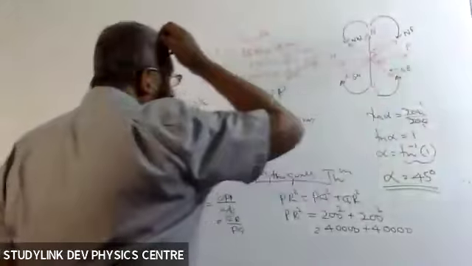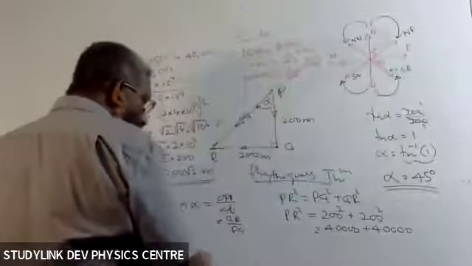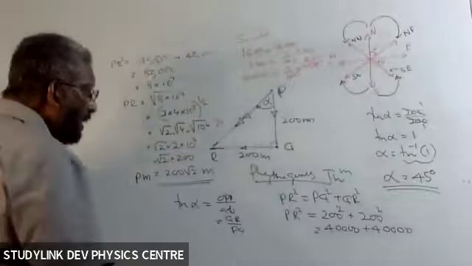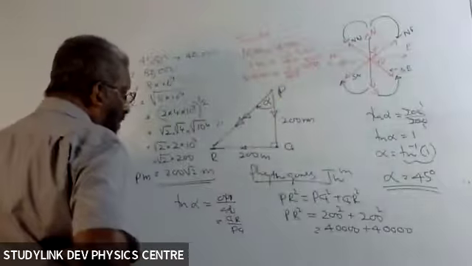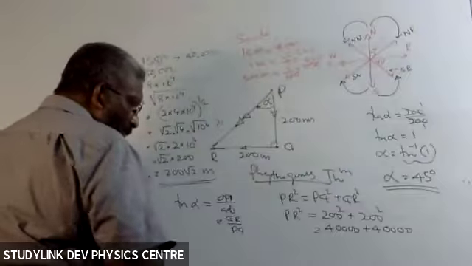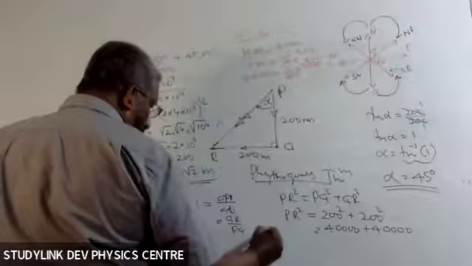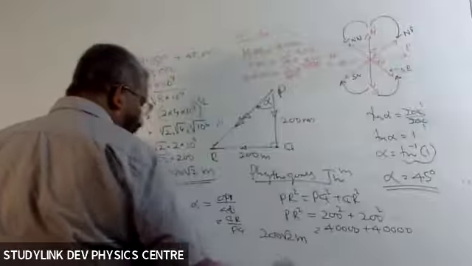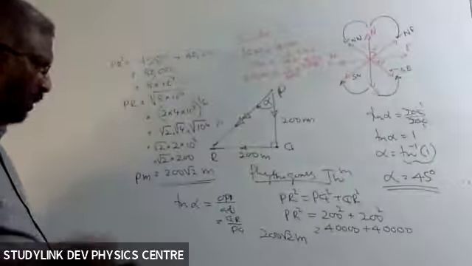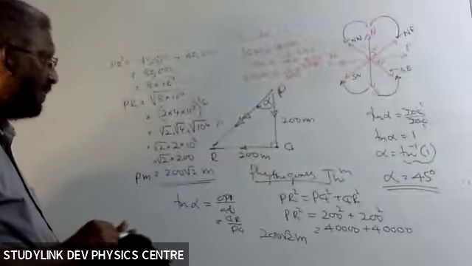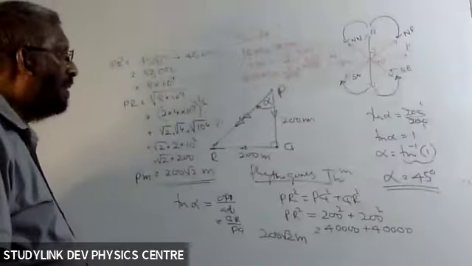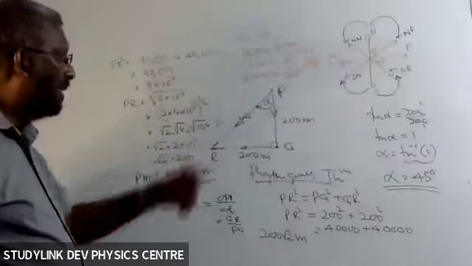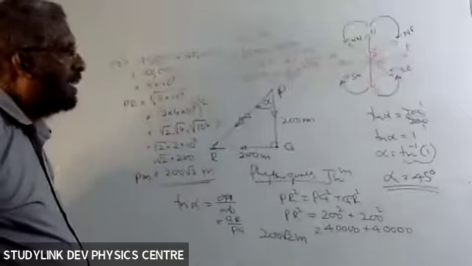How to say the direction now? Here you tell the direction, then write the displacement as the final answer. The displacement of the child is 200 square root of 2 meters towards southwest.